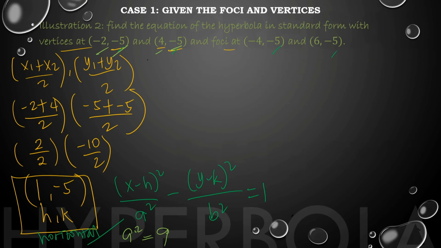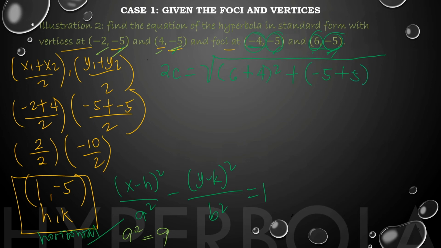So next is yung focal length, which is 2c. 2c is equal to yung distance from one focus to another. So ito naman yung mga coordinates ng mga focus, yung dalawang focus. So x sub 2, which is itong positive 6 minus negative 4. So magiging plus 4 squared plus y sub 2, which is negative 5. Negative 5 minus, again, negative 5.